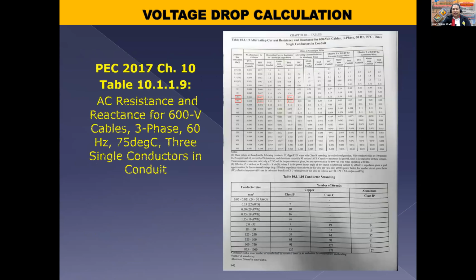So, ito yung table natin ng reactances, no? Just look at this table, meron diyan sa PEC, Chapter 10. So, ito yung AC resistance, no? For conductors, not more than 3 single conductors in a conduit, no? So, dapat yung column nyo, kung steel, steel. Kung PVC, PVC.